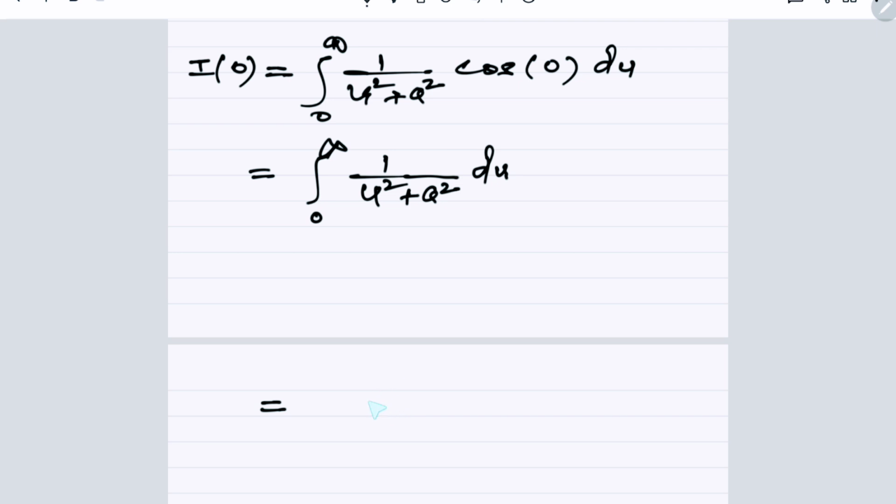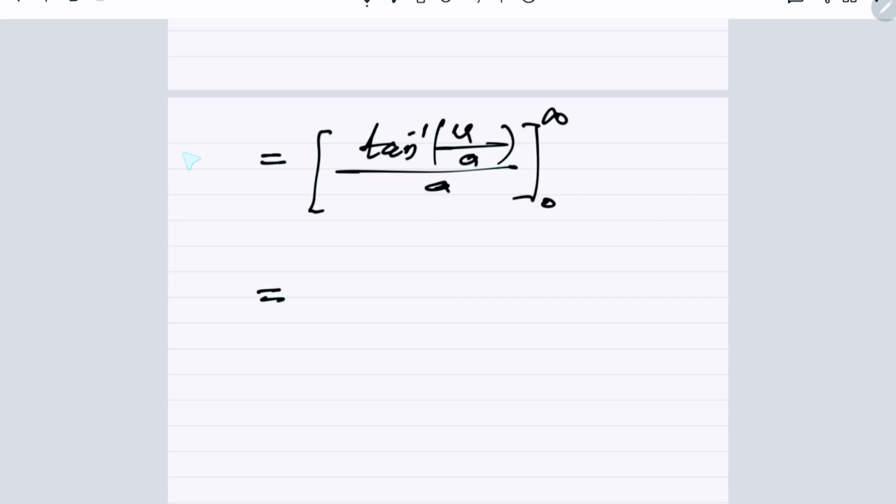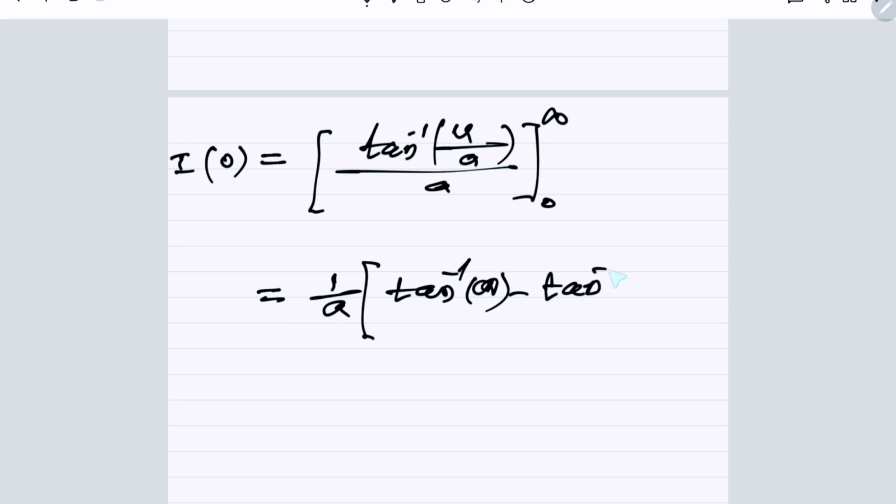Using the standard result of integration, the integration is nothing but tan inverse of u by a, whole divided by a, limit from 0 to infinity. 1 by a we take outside. Upper limit tan inverse of infinity minus, for the lower limit, it becomes tan inverse of 0.